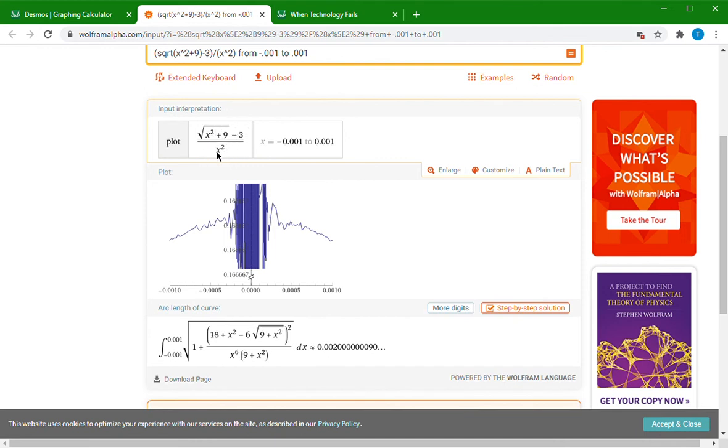Nonetheless, it's pretty clear that the graph should not look like this. It's all jaggedy and lots of noise. In fact, the graph should look like a nice smooth curve, again with a hole in it somewhere at x is equal to 0, because if we try plugging x is equal to 0 into this function here, we're going to get 0 over 0, which is undefined. So there should be a hole at x is equal to 0, and it should be this nice smooth curve with a hole in it.